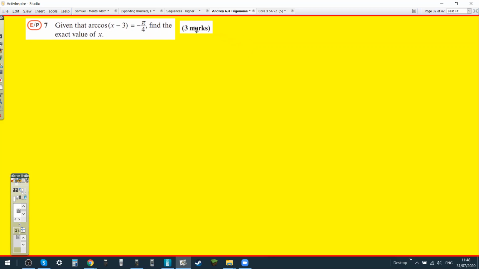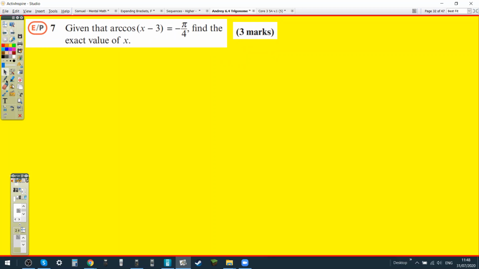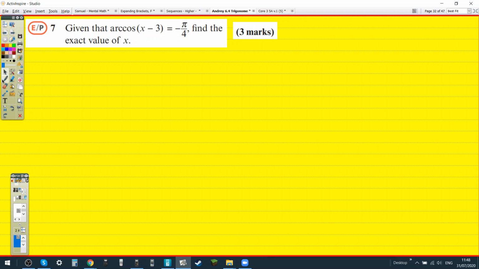Okay, how about this? So would that be cos of minus pi over 4, plus 3?